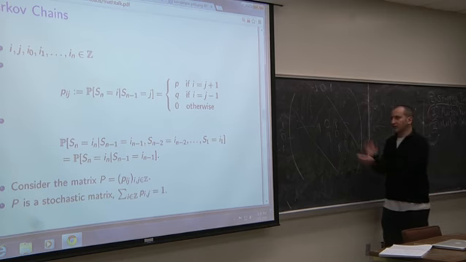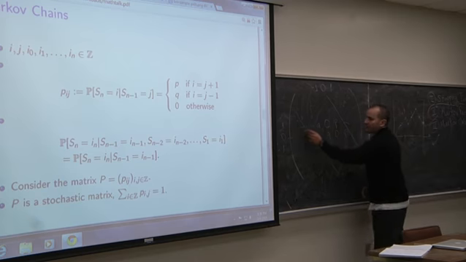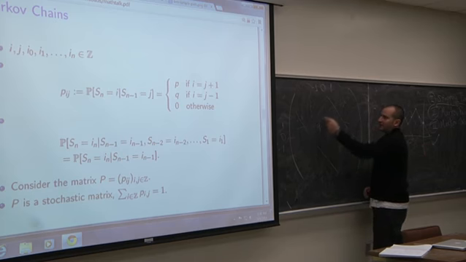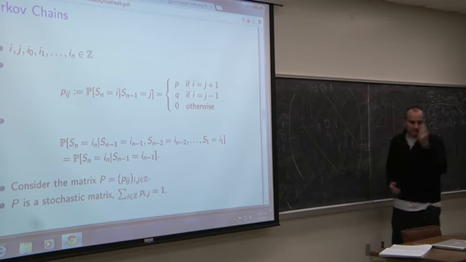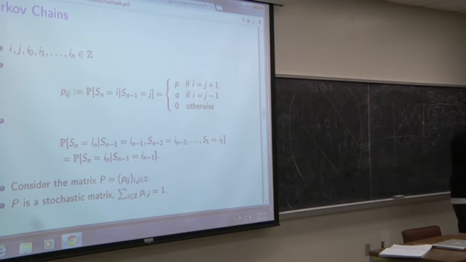Because here I put the probabilities of going to another state, so they had better sum to 1. Otherwise, I'm in a very weird model. And also all the entries are positive, or non-negative, to be more precise.